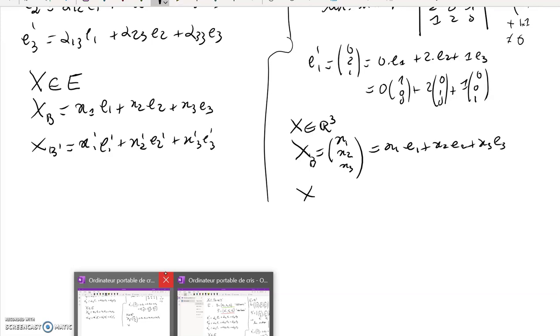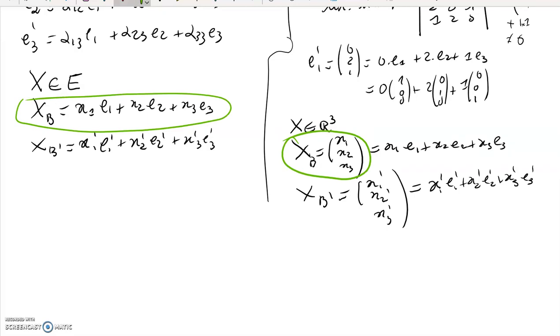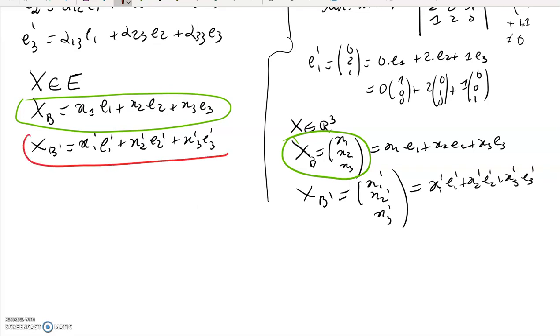I would like to express x in basis B prime as (x1 prime, x2 prime, x3 prime), which would be x1 prime E1 prime plus x2 prime E2 prime plus x3 prime E3 prime. Usually this we know, and we want to find this.